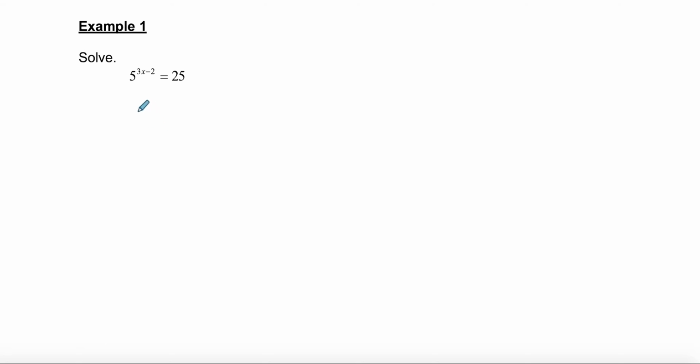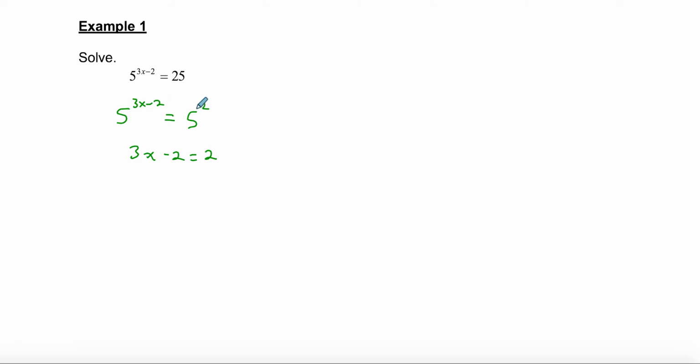Look at example 1. I see a base of 5 on the left, but there's not a base of 5 on the right. But I could rewrite that, and you might have to play around with your calculator from time to time. 25 is the same thing as 5 squared. As soon as I have the same bases, I can drop the bases, because if there's an equal sign in the middle, this exponent must equal this exponent. So 3x minus 2 must equal 2.